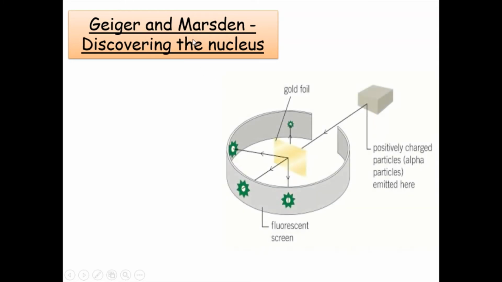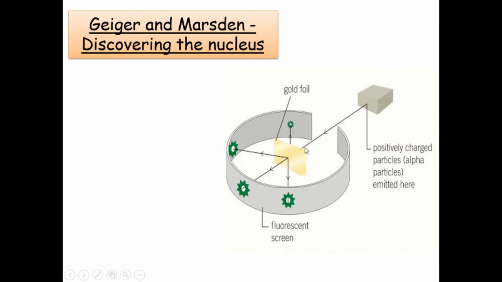The discovery of the nucleus is sometimes attributed to Ernest Rutherford, but it's actually Geiger and Marsden who did this experiment. They fired positive alpha particles at some gold foil. Now, if the plum pudding model was correct, they wouldn't have been able to pass through. But what they noticed is that the majority of the particles went right the way through.